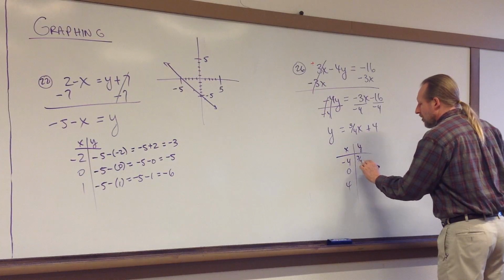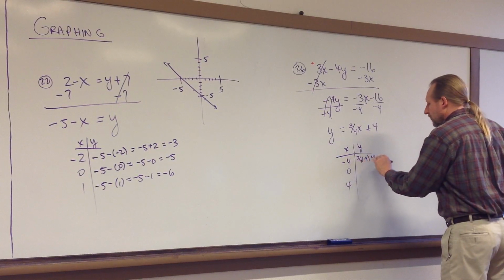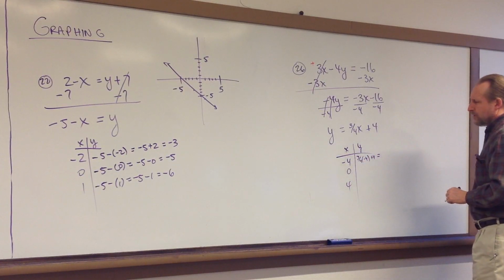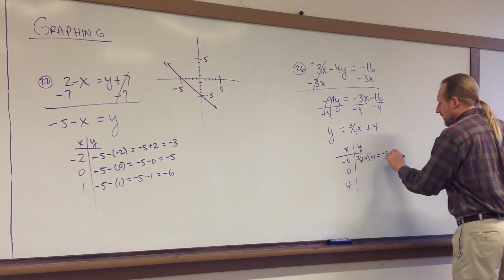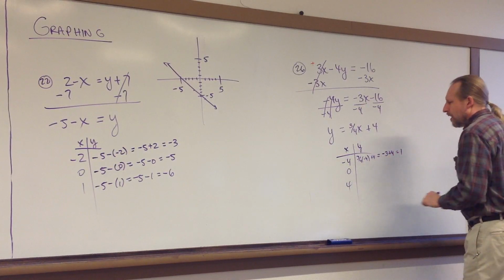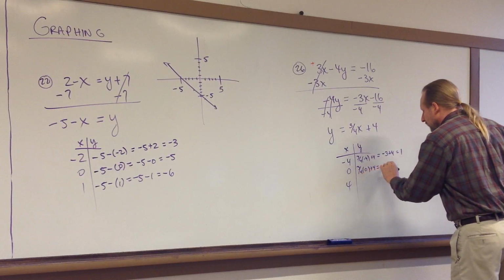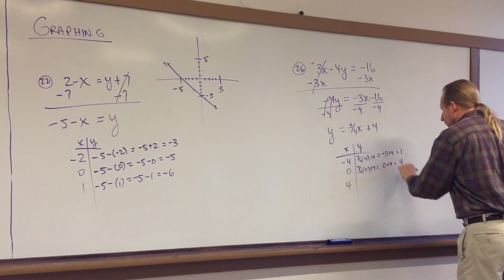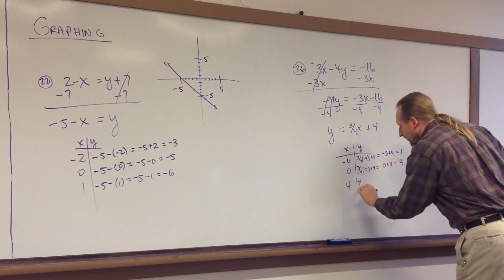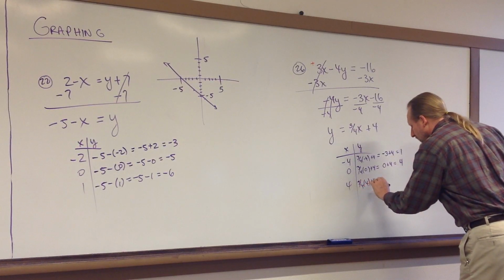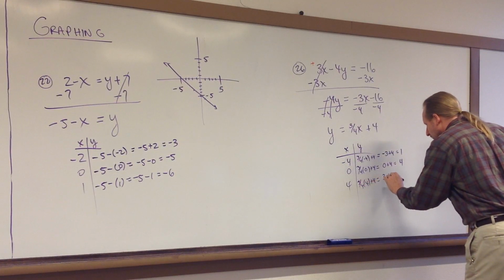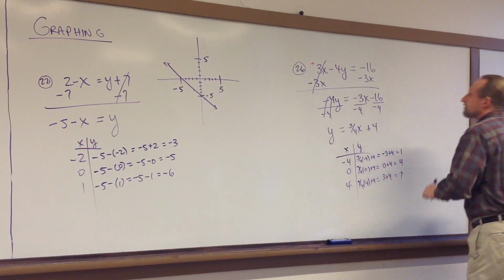Okay, so negative 4 times 3/4 should be negative 3 plus 4 is 1. 3/4 times 0 plus 4 will give us 4. And then 3/4 times 4, that's going to be 3 plus 4 is 7.